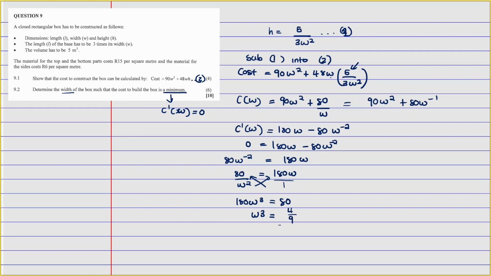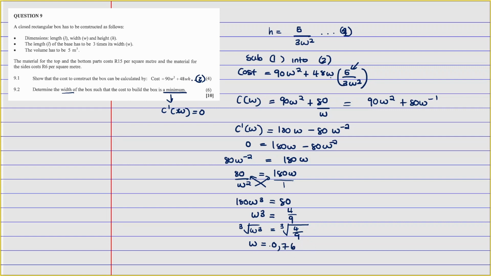But now we want just w alone, so we're going to cube root both sides. So it's going to be the cube root of 4 over 9. When we do that, you're going to get w equals 0.76.